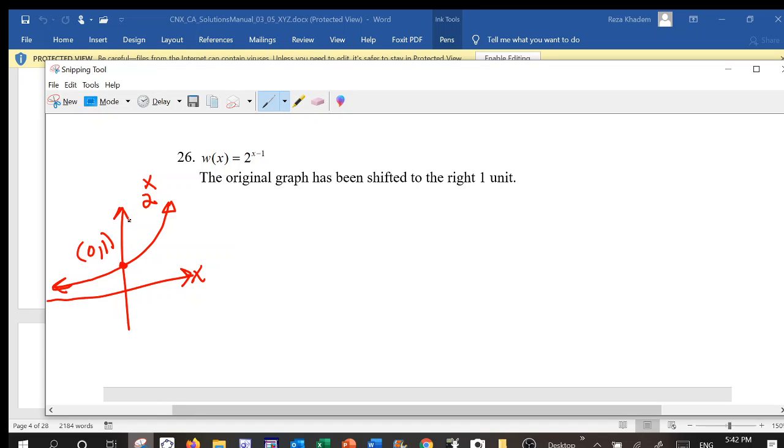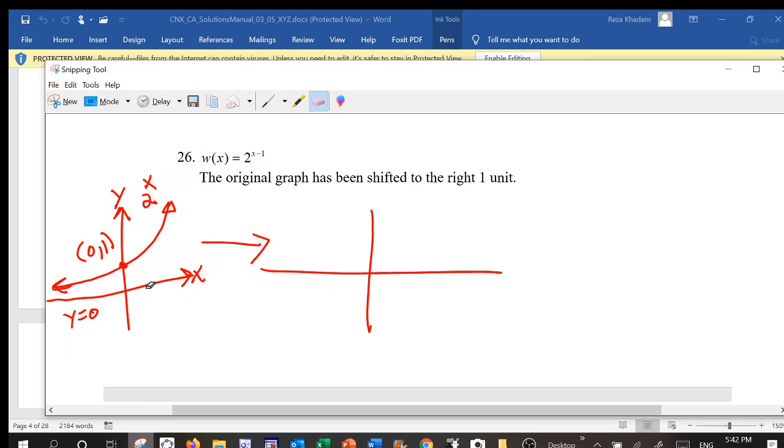And the x-axis is nothing but what? y equals 0. So y equals 0 is the equation of the x-axis. Everywhere, all the points, the y is 0. So I have to graph this right here. Well, to graph this, we have to shift it to the right 1 unit. So all we have to do is what?